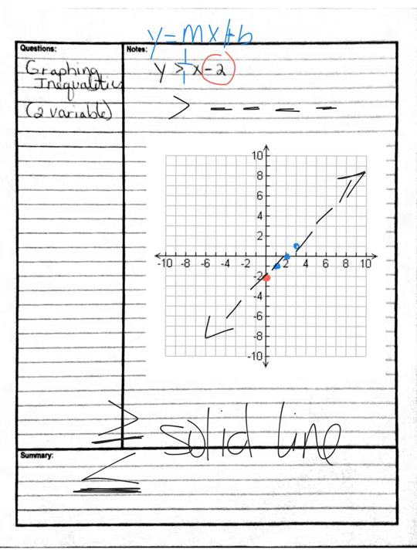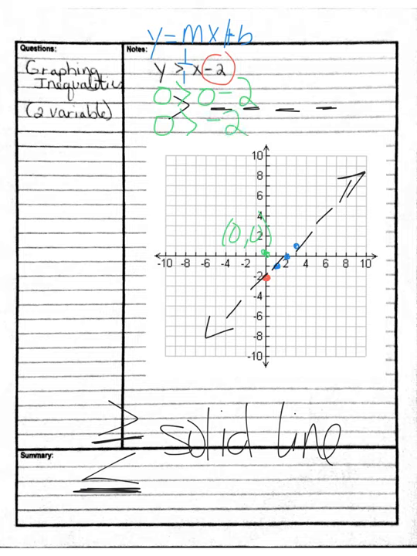So now what we're looking at is we're trying to identify points that will work. Think about solutions that will work. And I want to just pick any point on this graph. I'm going to pick 0, 0. So 0, 0, that means x is 0, y is 0. So let's put that into our inequality. Is 0 greater than 0 minus 2? Well, the question is, is 0 greater than negative 2?